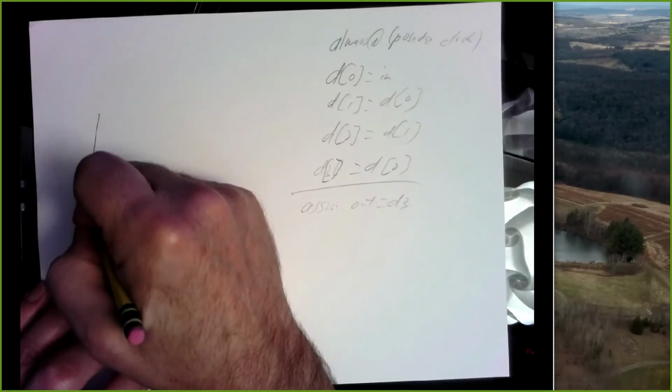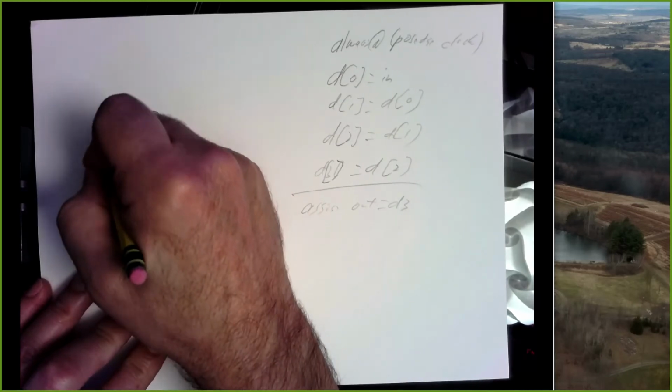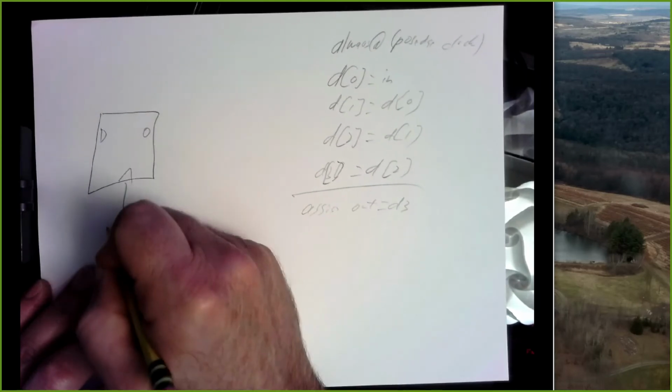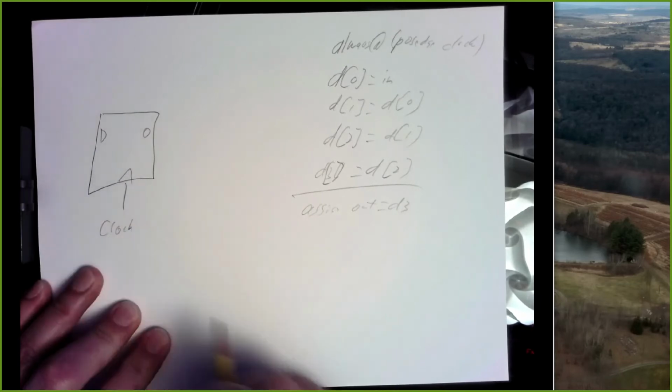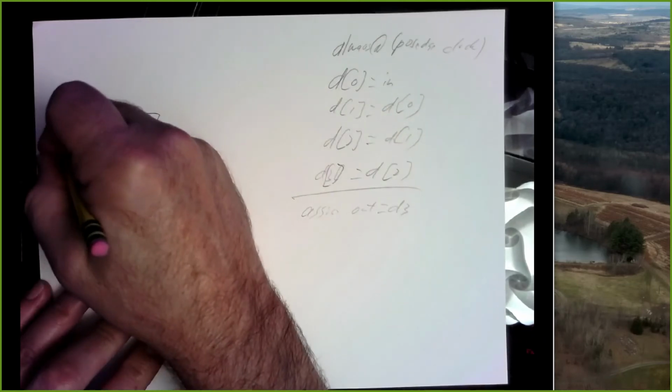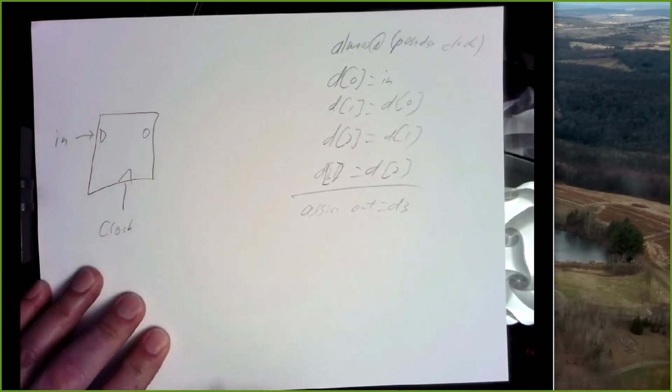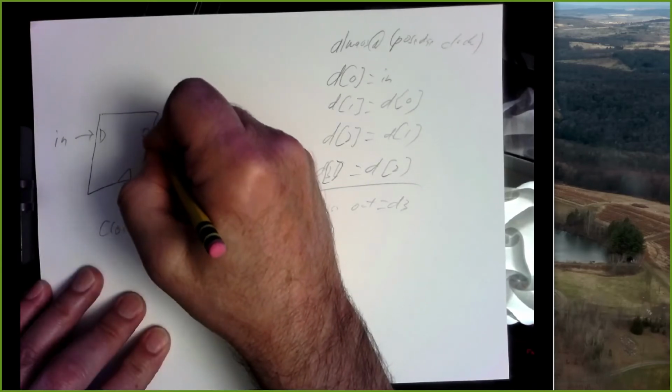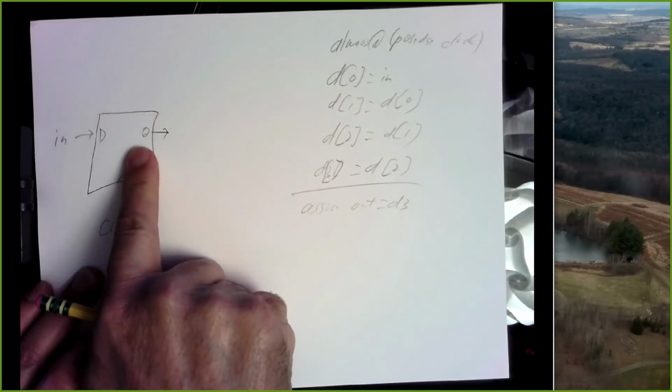Alright, well, we have a flip-flop. We have a clock signal. And input definitely goes into here. And here's the output of D0.